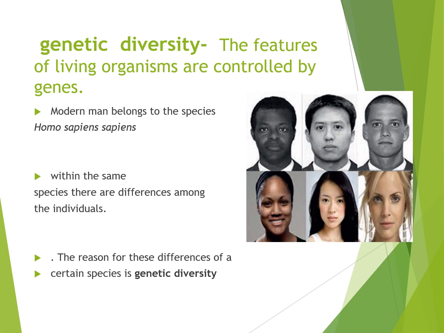Modern man belongs to the species Homo sapiens sapiens. Within the same species, there are differences among the individuals. You can see the different morphological features in this picture. The reason for these differences within a certain species is genetic diversity.